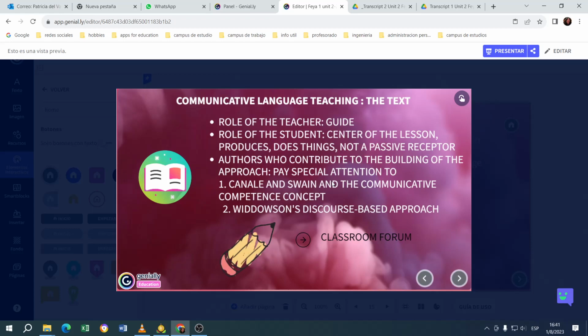Strategic competence is the kind of competence students need to develop to compensate for the language they don't know. For example, in one of the transcripts, you could see children using gestures to add meaning to what they were saying. Well, using gestures is a strategic competence, but there are many more.